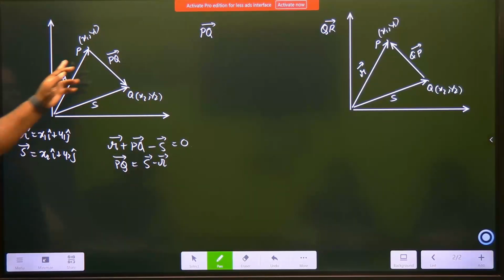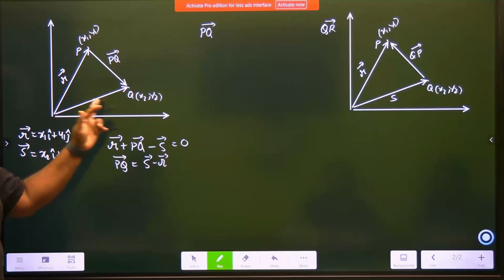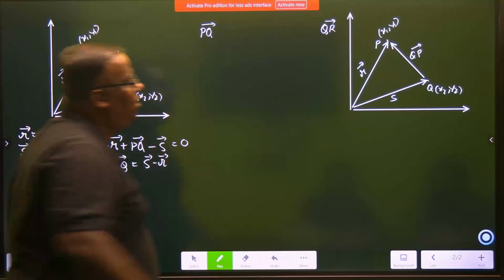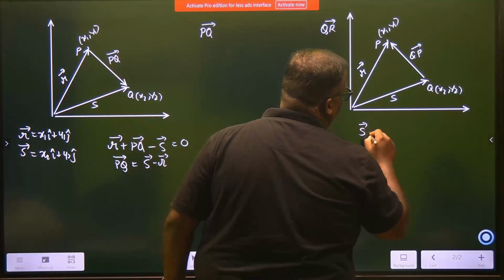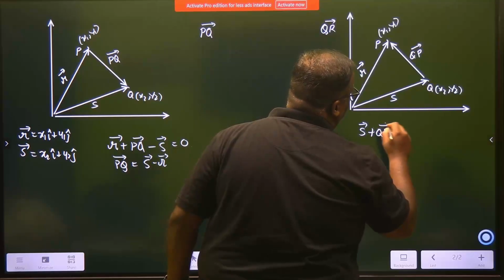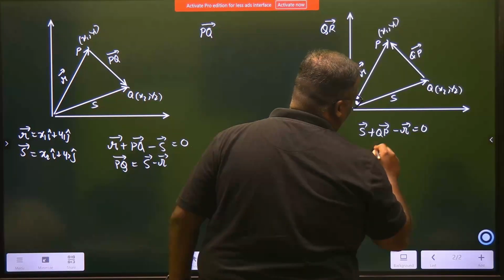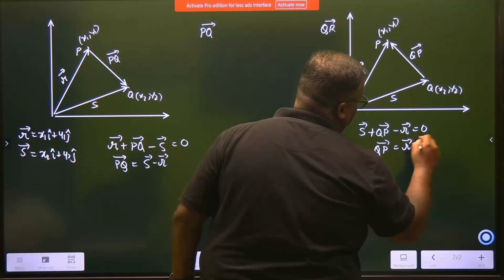Or else you start from PQ, obstruction, minus S. Again, happy. Let's do it from here. So we'll start with, say, S vector out here. S vector plus QP vector minus R vector is equal to 0. So your QP vector becomes equal to R vector minus S vector.